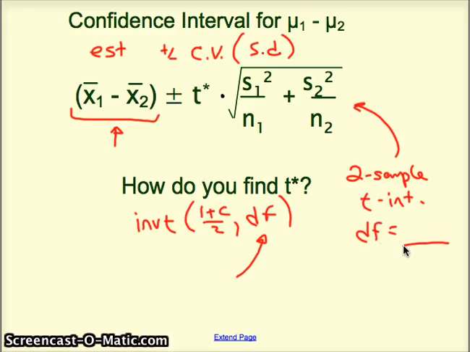And if that's the route you go, you need to write the degrees of freedom down. You need to do that in either case. But just leave t star as t star. You could go back and inverse t to find it, but it's not mandatory. Your calculator is determining t star using this fancy degrees of freedom calculation that I showed you earlier. So hopefully that's clear.